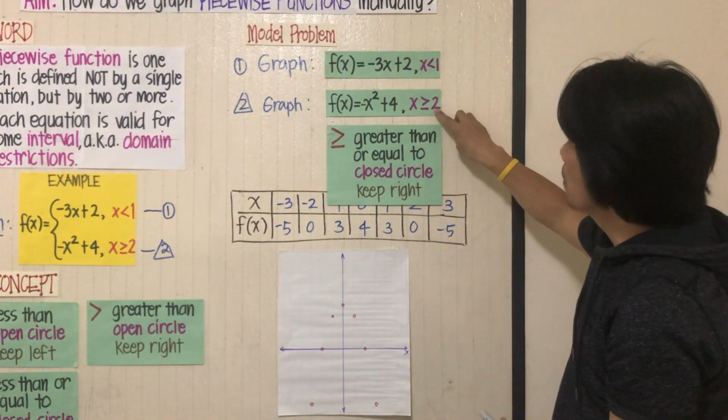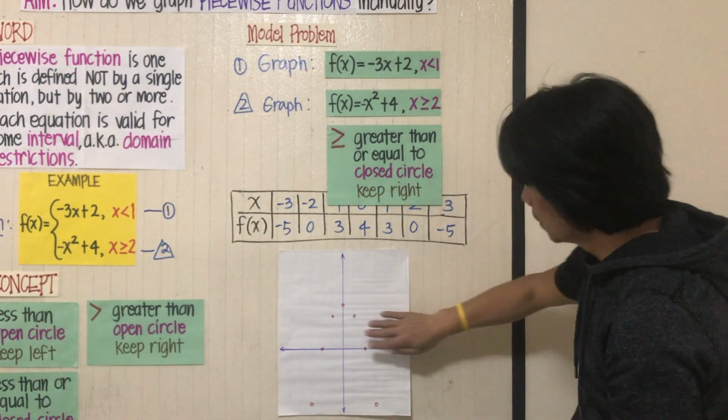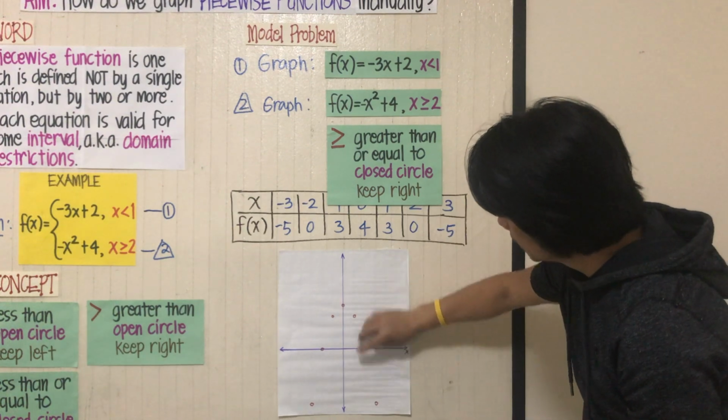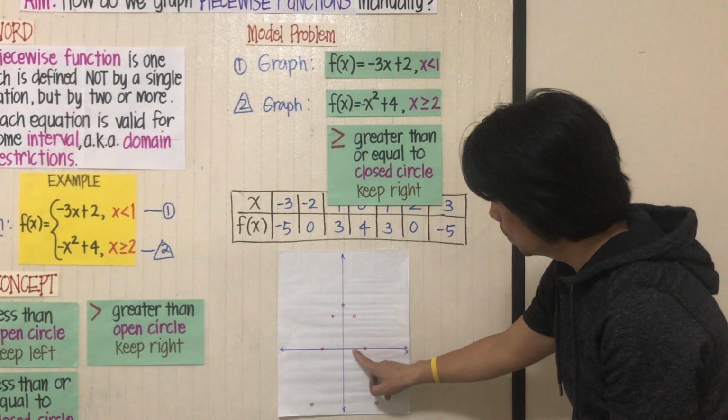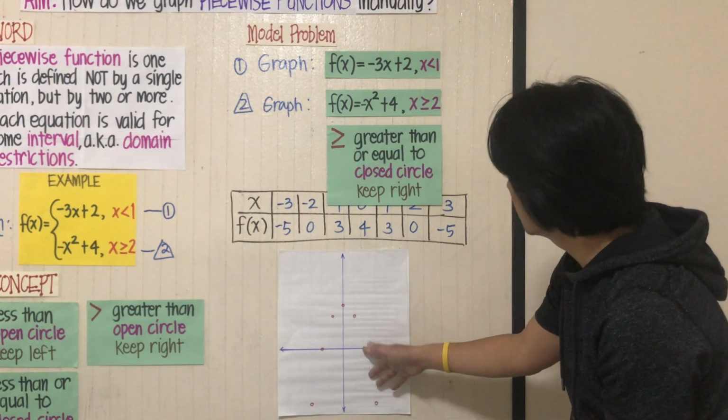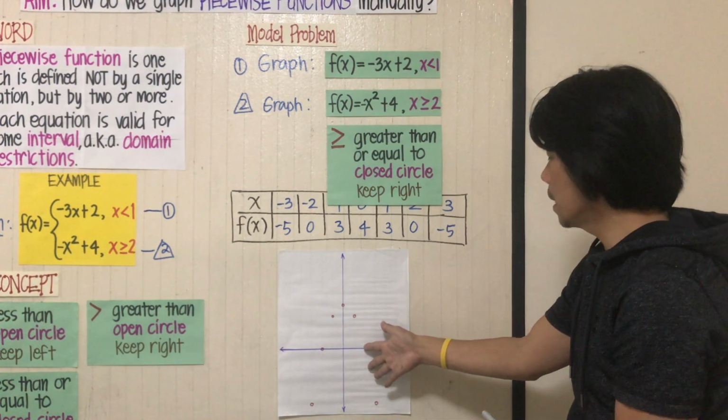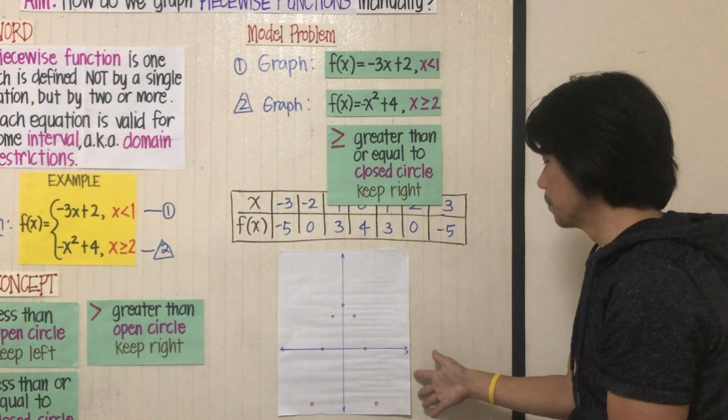But from where? From positive 2. So if you look at the graph, positive 2 is right here. So this is 0, 1, 2. From positive 2, we need to keep the right side of the graph.